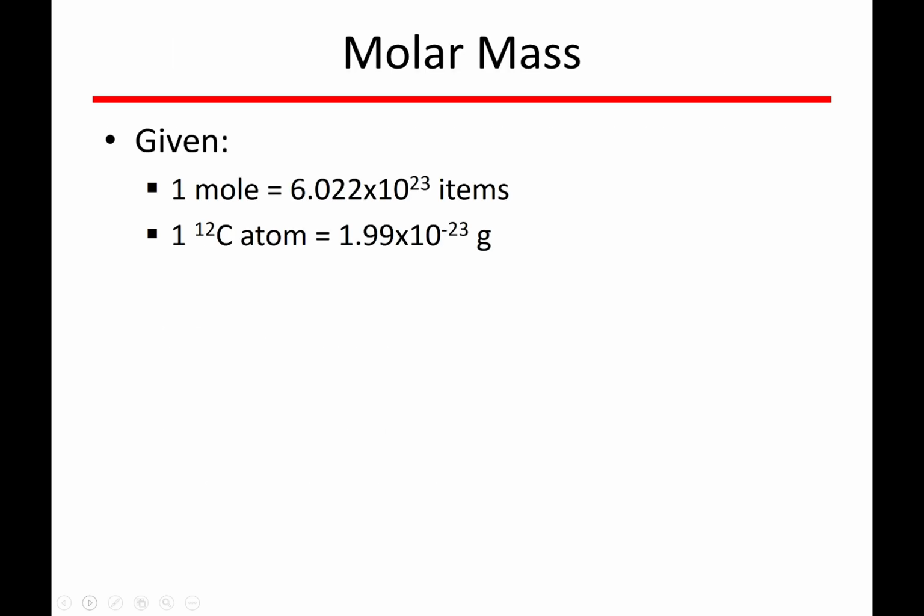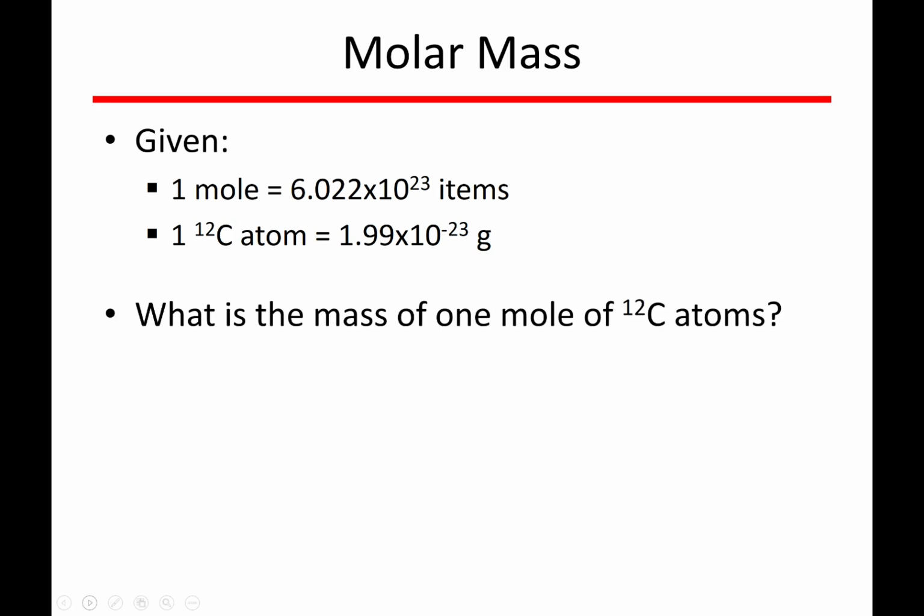All right, so given what Avogadro's number is, and given what the mass of a single atom of the carbon-12 isotope is, we'll now calculate the mass of 1 mole of carbon atoms. Let's think about how we would do that. If the question asked us instead, what's the mass of a dozen carbon atoms, you would multiply by 12. If they asked you what's the mass of a pair of carbon atoms, you'd multiply by 2.